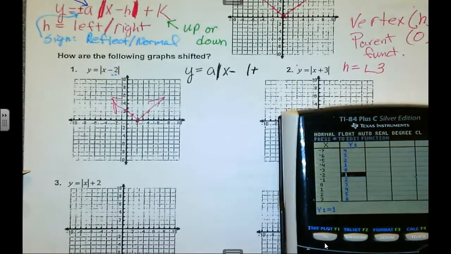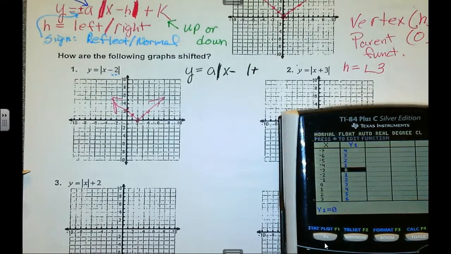If you want to know how to use a calculator to find your vertex, see the y values? They're starting to repeat, aren't they? The y values are starting to repeat. So this has to be my vertex, negative 3, 0.